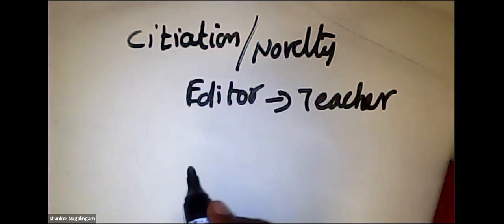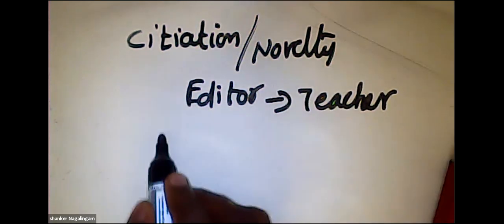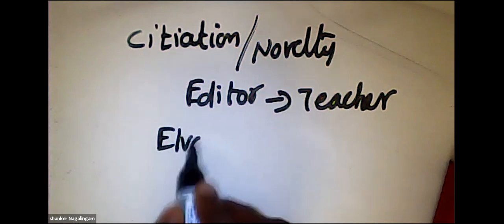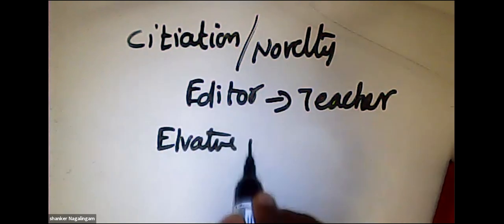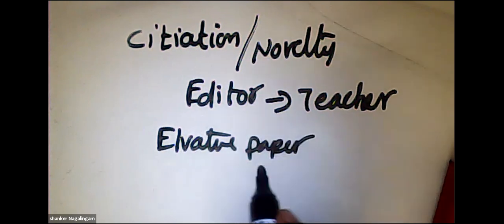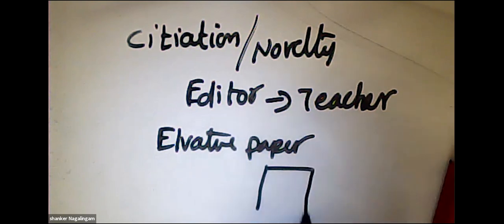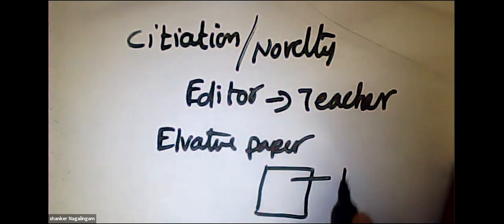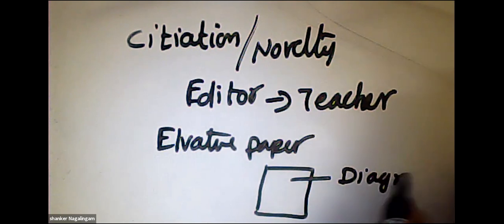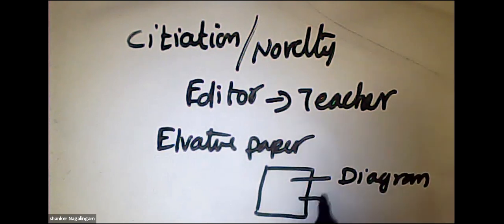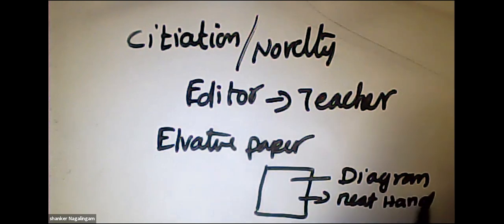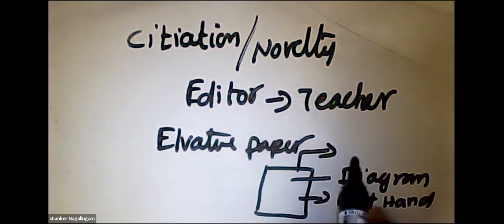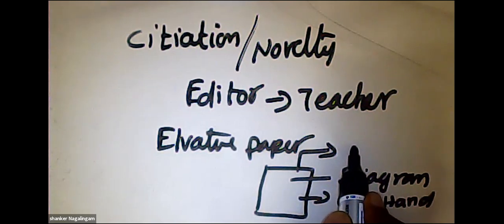Okay. And why I'm saying this: when you evaluate your paper, you never read the paper normally. You will just have an outlook of the paper. You see the diagrams drawn with a pro circle, neat handwriting, and you never see any cutting.